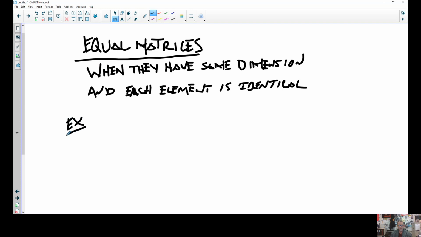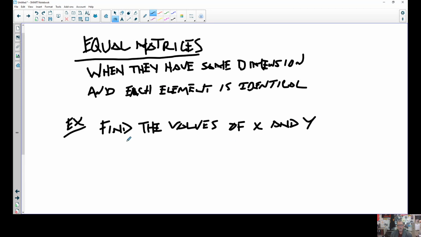So for example, if I gave an example that said find the values, and this is where we start using some variables. All right, so find the values of x and y for which the following is true.